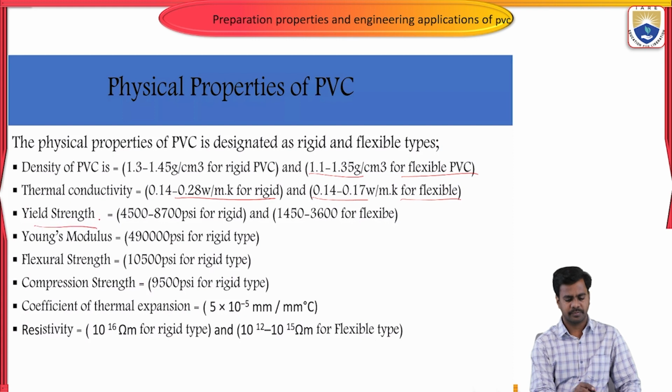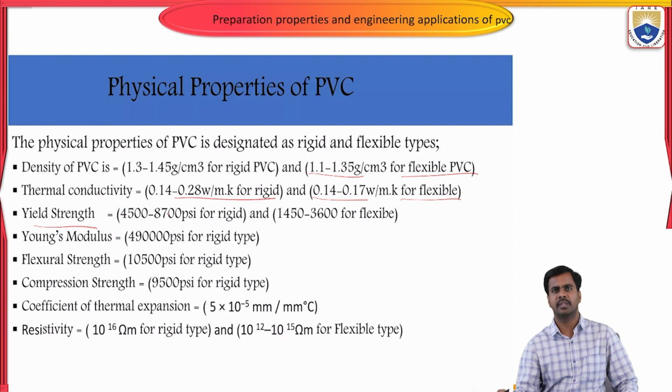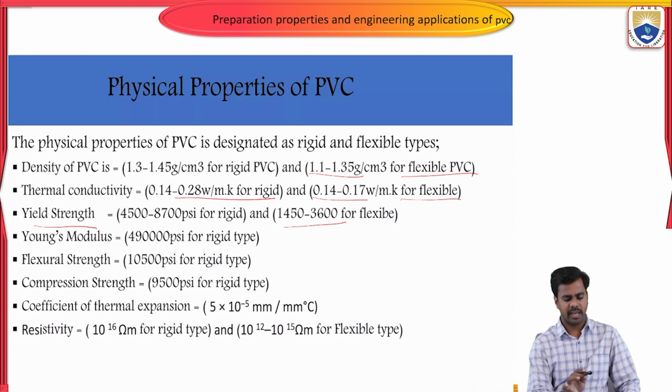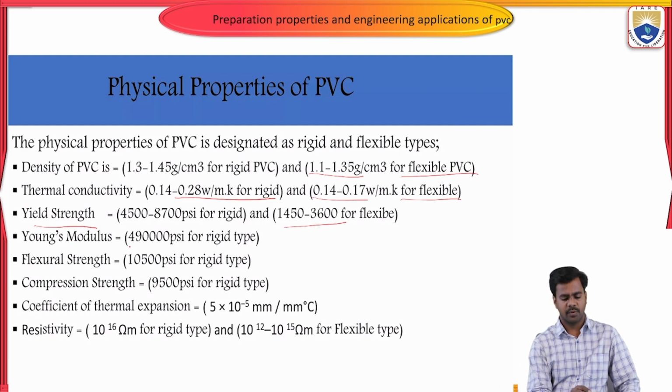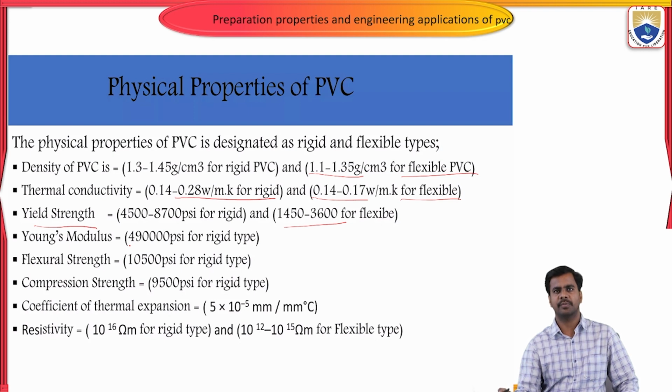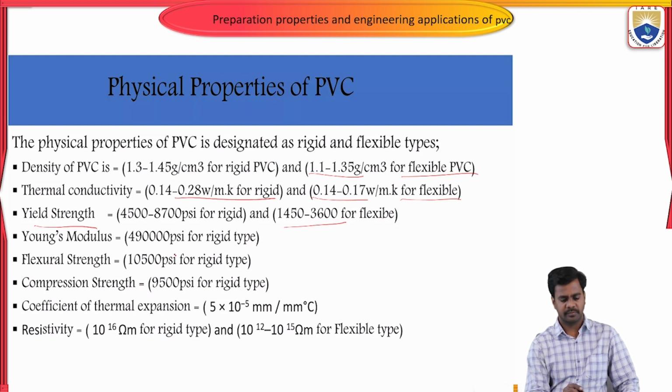Yield strength, 4500 to 8700 psi for rigid PVC and 450 to 3600 for flexible PVC. And next one is Young's modulus, that is 490,000 psi for rigid type. And flexural strength, that is 10,500 psi for rigid type.